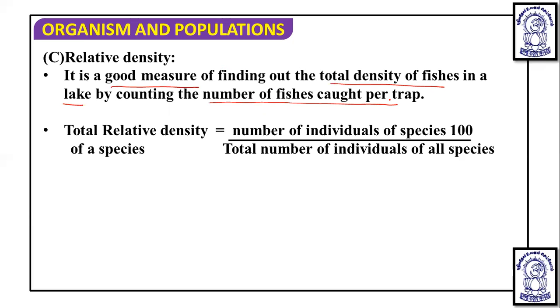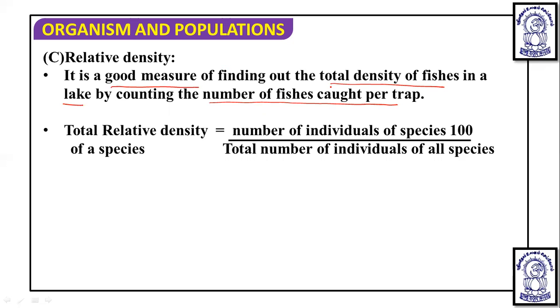Sometimes for certain ecological investigations, there is no need to know the absolute population density. Absolute population density, there is no need. In those cases, the relative density is used. So relative density serves the purpose equally well under such cases.